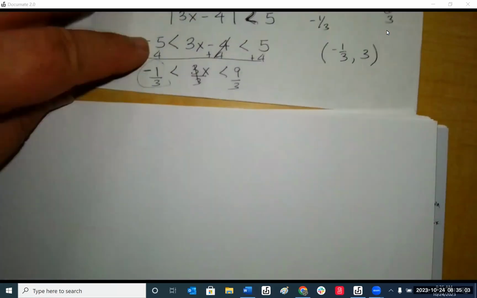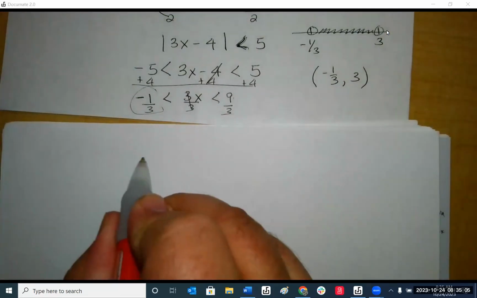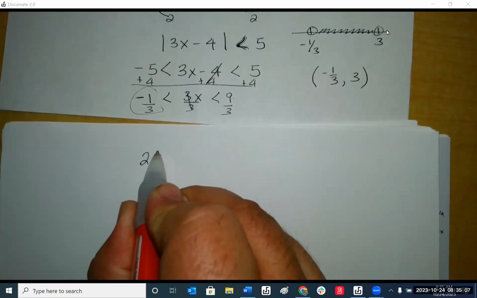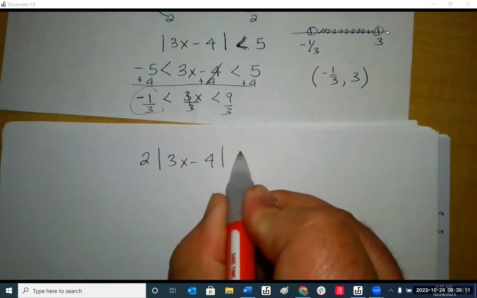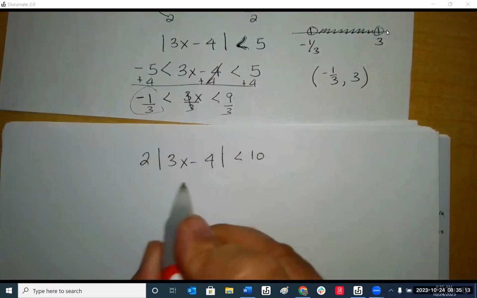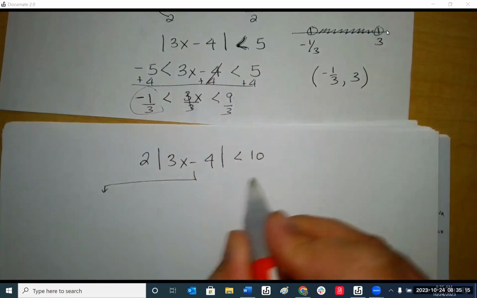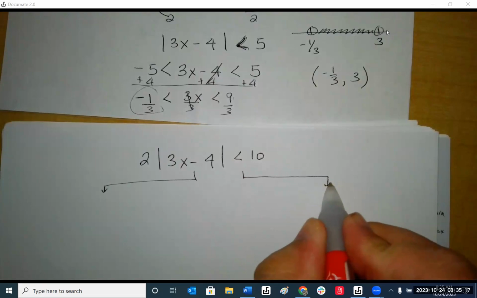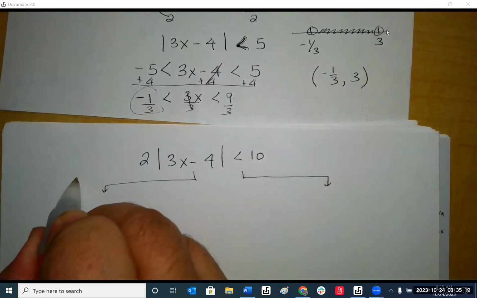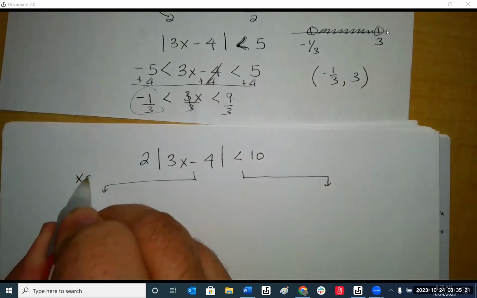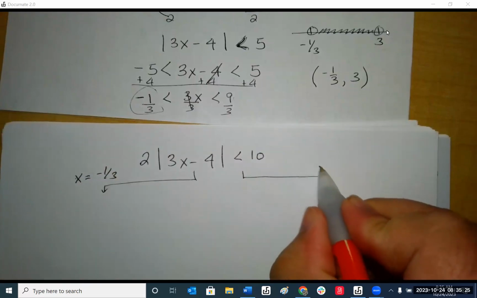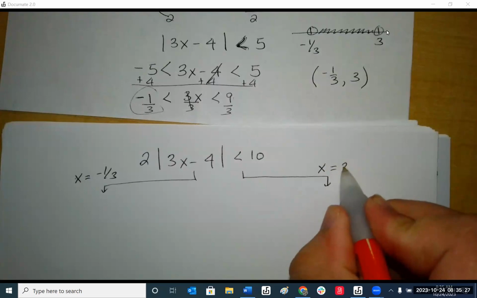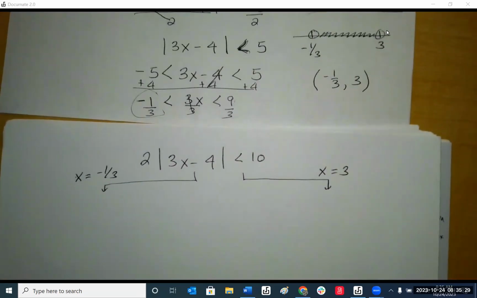So we go back to the original. Let's see if we substitute negative 1/3 in there. And if we substitute 3 in there. Those are our two endpoints.